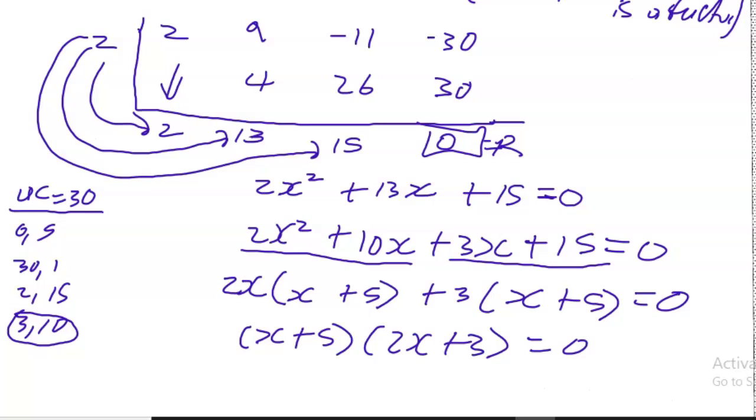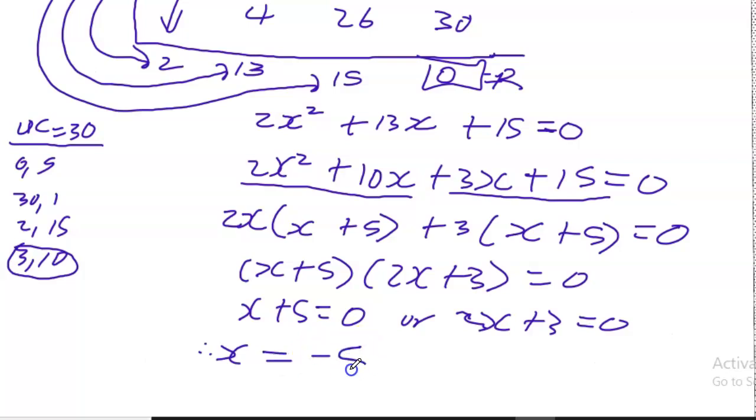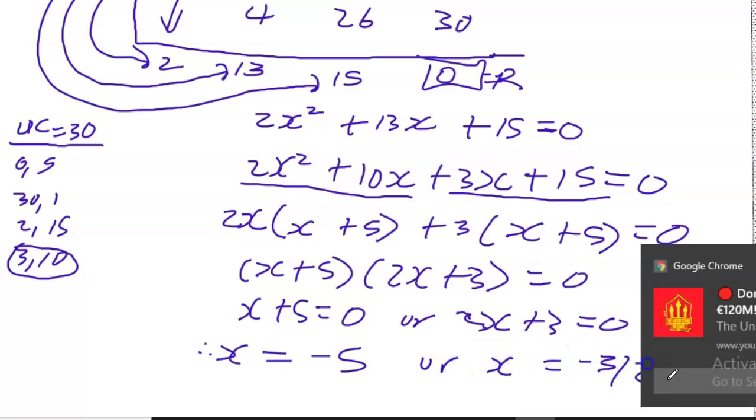And of course, to solve this equation, we equate both brackets to 0. So x plus 5 equal to 0. And 2x plus 3 is equal to 0. Therefore, x equal to minus 5. And solve this equation, 2x equal to minus 3. So x equal to minus 3 upon 2, or minus 1.5.